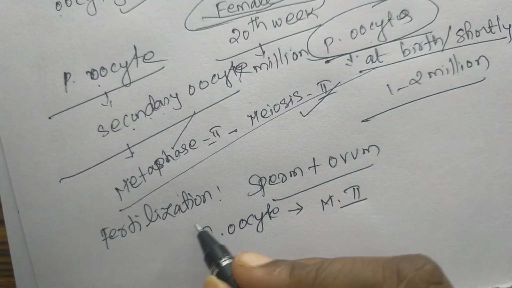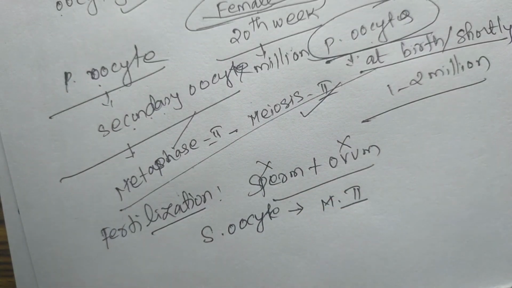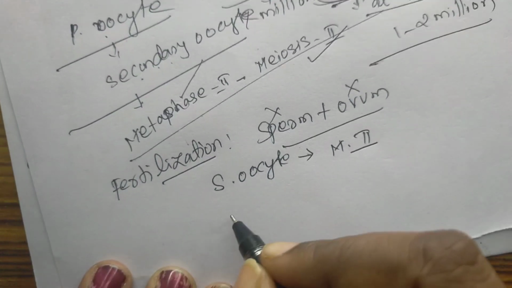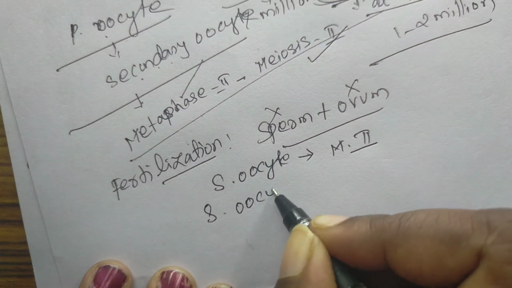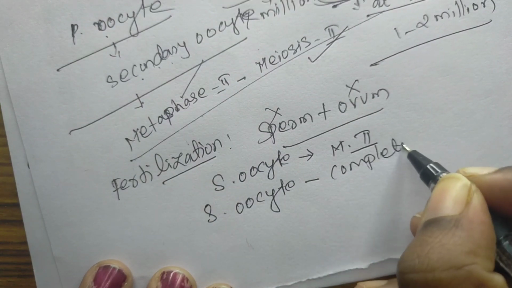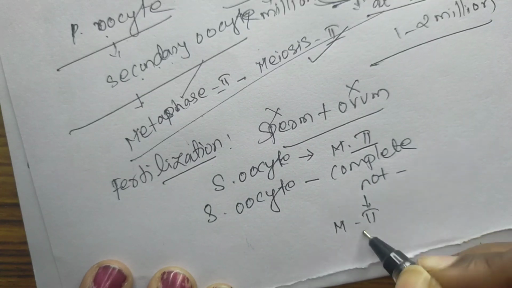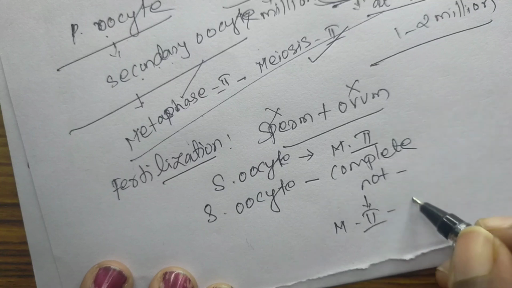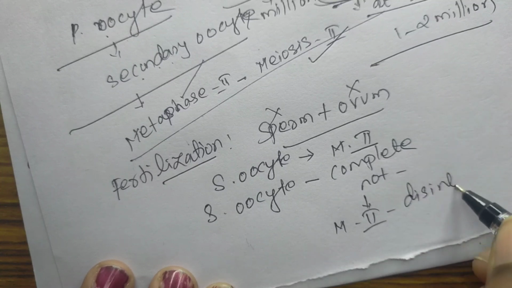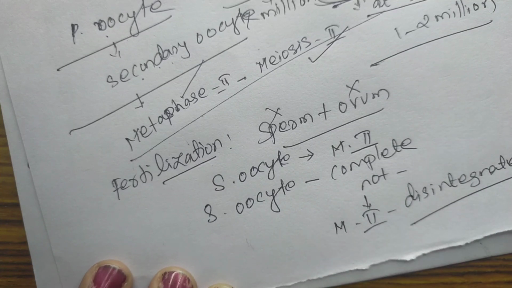If the egg is not fertilized by the sperm, then what will happen to the ovum? The secondary oocyte will not complete meiosis 2, and eventually it disintegrates along with the endometrial layer during the menstrual cycle.